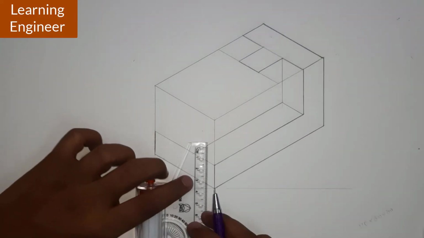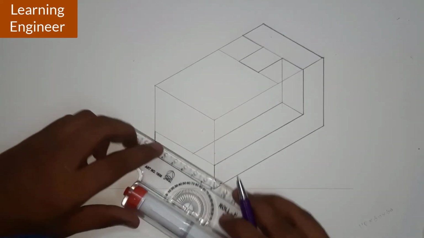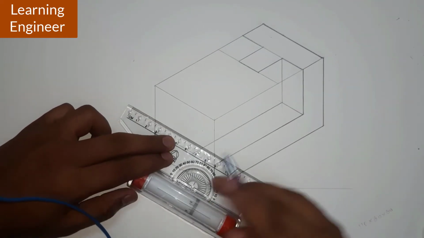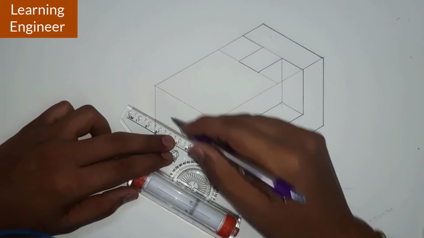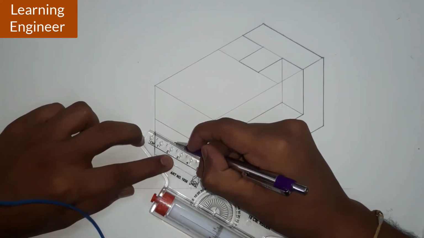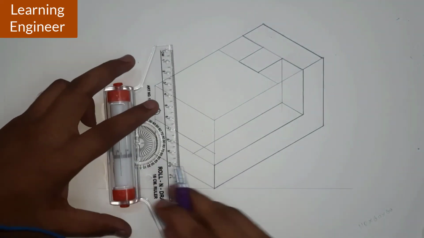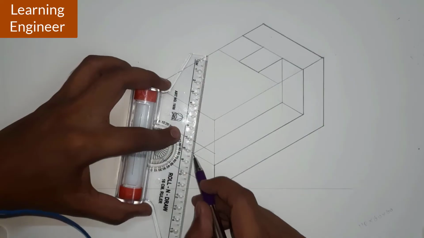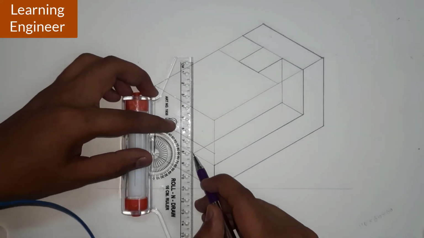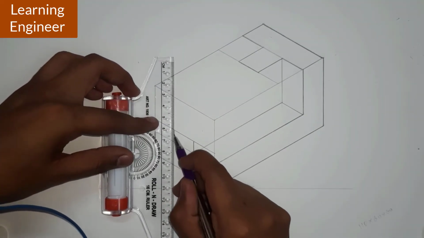Now I have to mark 10 millimeter, that is the extended part, that 10 we have talked about. Now parallel to this we have to draw the line. This 10 I have marked, that 20 I have to locate. From here you have to go vertically. From here you have to go vertically.